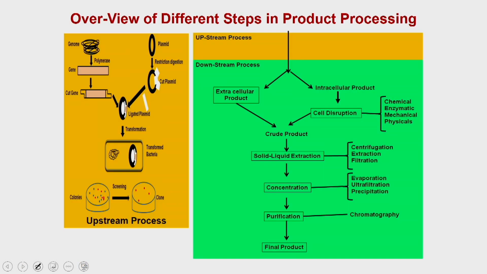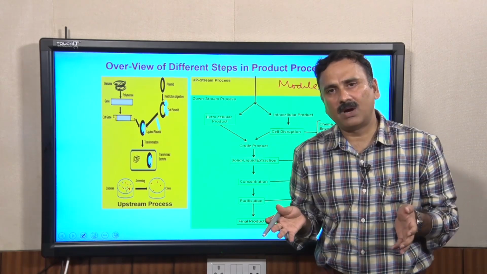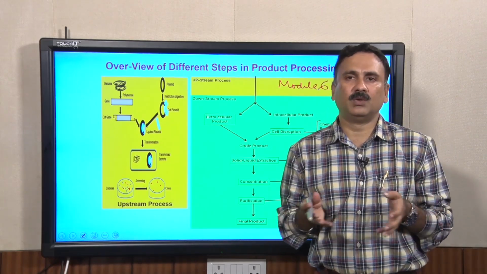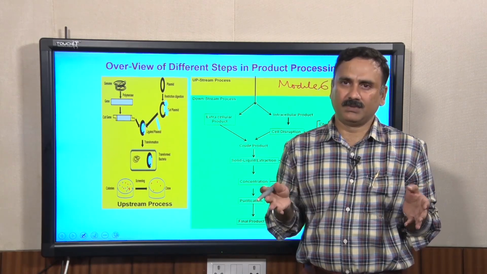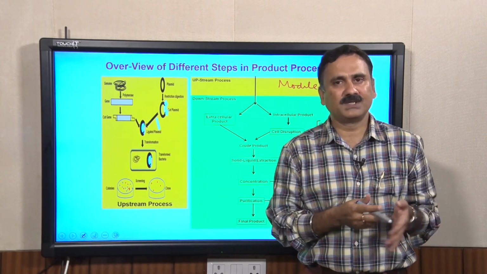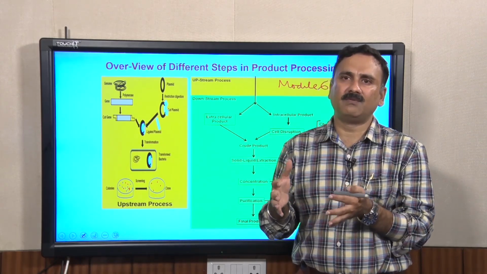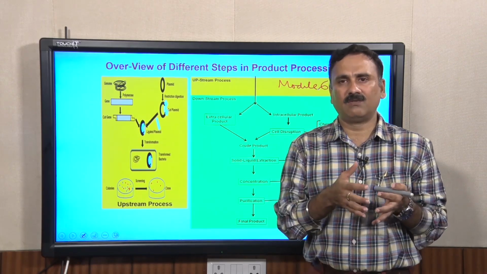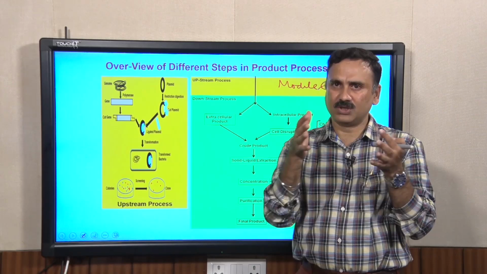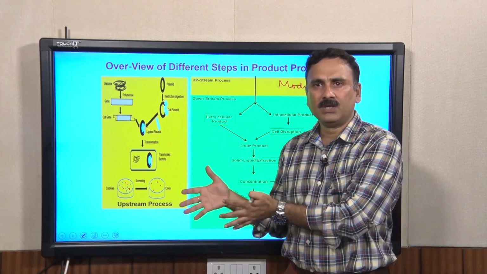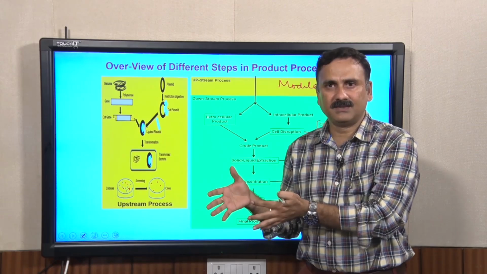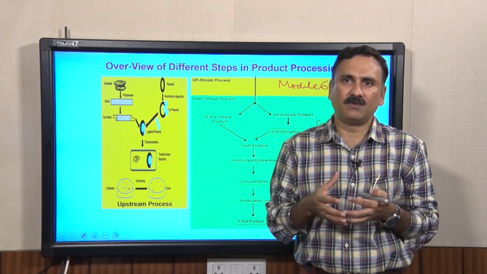So, what we have discussed so far up to module 6 is that you have isolated a protein. We first understood the basics of the host, so that you will be able to choose the appropriate host for your protein production. Then we discussed the strategies for how you can isolate different genes from different sources, either using the genomic library, cDNA library, or PCR as an approach to isolate your gene of interest.